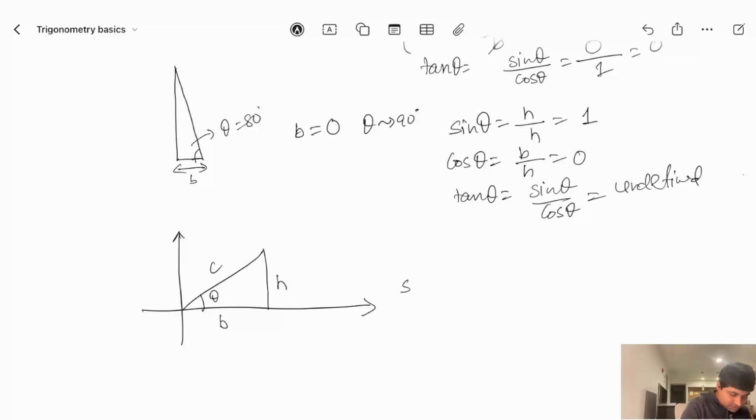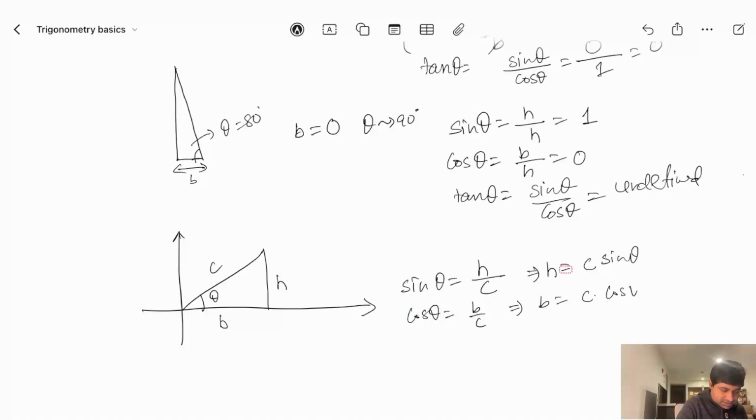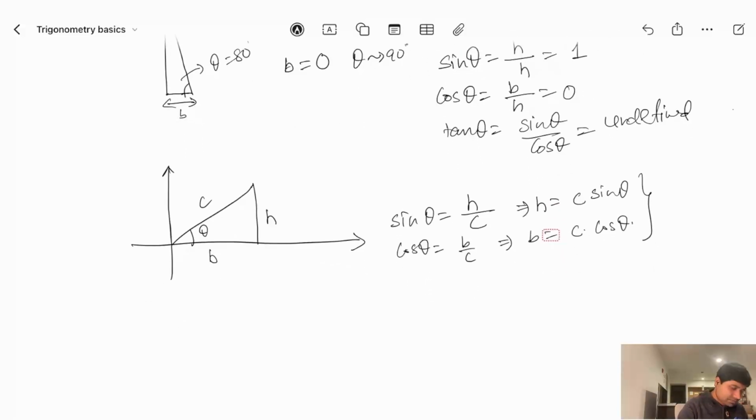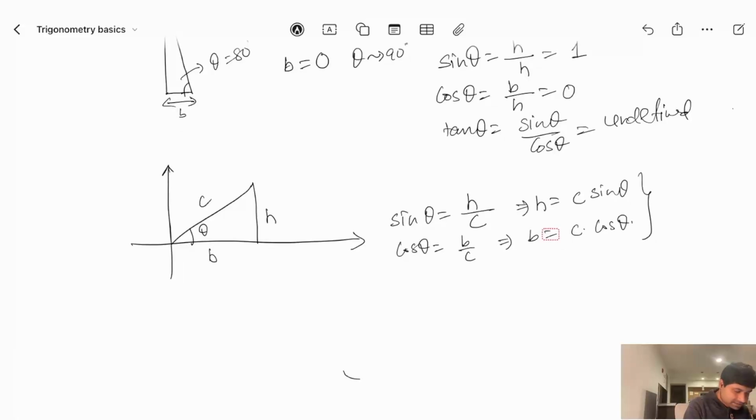Just now we saw that sine theta is h by c, so that implies h equals c sine theta. Similarly cos theta is b by c, so base is hypotenuse times cos theta. Now, one interesting thing we can see is from the Pythagorean theorem: base square plus height square is hypotenuse square, right?